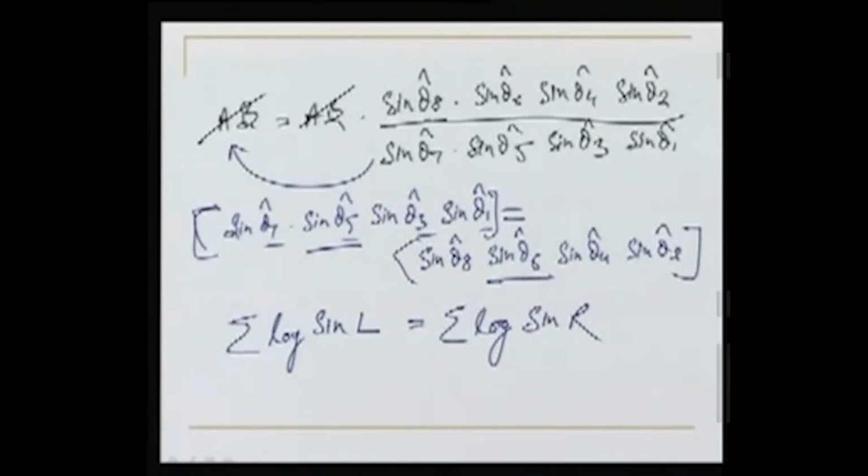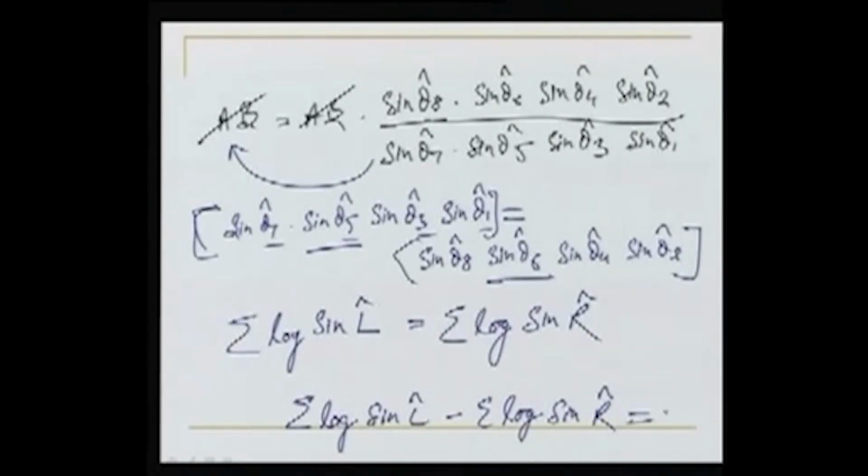And of course, the adjusted value, I can write it further as sigma log sine L hat minus sigma log sine R hat equal to 0.